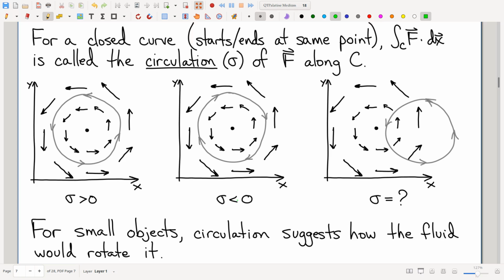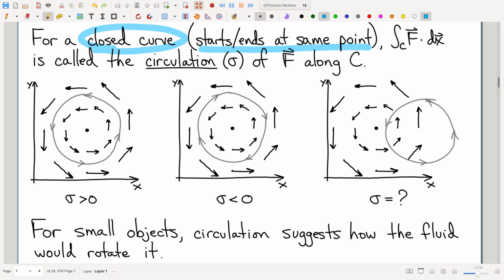It factors into a really powerful, really important idea. But that's getting ahead of things. Let's consider the special case where we're talking about a closed curve. All that means is a closed curve is just a curve that starts and ends at the same point. So it loops back around on itself.